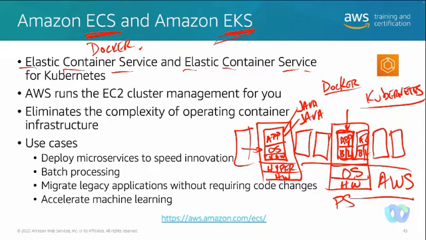But this will allow you to deploy those containers on AWS and manage the clusters and orchestration of those containers using your traditional Docker or Kubernetes management tools and orchestration tools, because it is fully integrated.